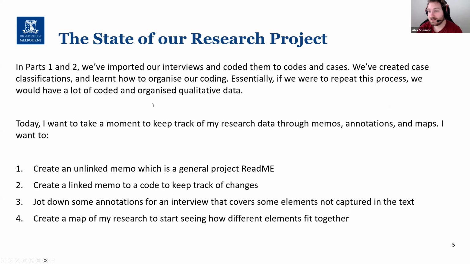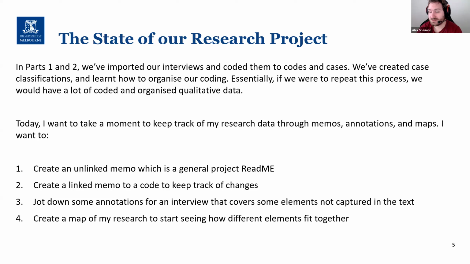Now, what we've done so far in our current project is look at codes, look at cases, and think about organizing our codes. If we were to do that for a really long period of time, we would end up with a pretty substantial project. So what I want to look at today is ways of keeping track of information and research data throughout the life cycle of a project: looking at unlinked memos to create a general README file for a project.